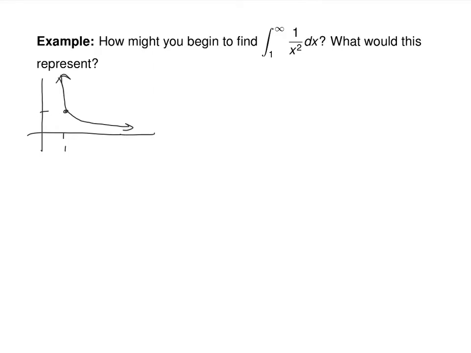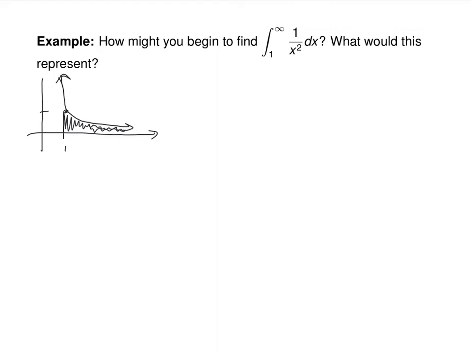So the integral from 1 to infinity would represent the area underneath that curve from 1 on and on forever. And the question is, if you can go forever, could that area ever be a finite number? And the answer is yes, if the area gets smaller quickly enough.